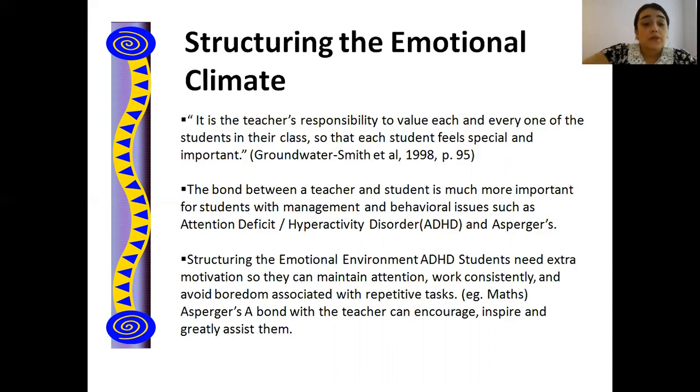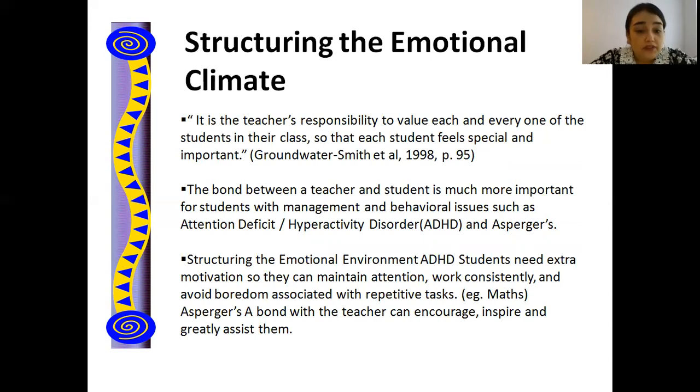So the next one is emotional climate. So students, several opinions were given by some professionals about how to structure the emotional climate. The first one, Groundwater-Smith, mentioned that it's a teacher's responsibility to value each and every one of the students in their class so that each student feels special and important.